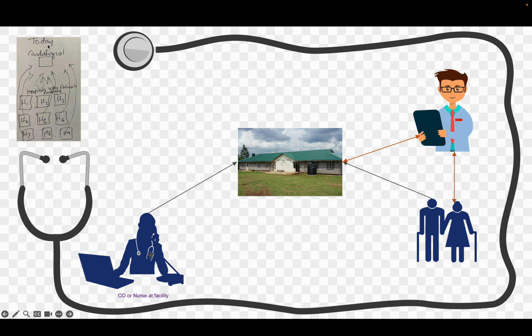Then today, the challenge we have is there are few cardiologists, but there are several health facilities. All these hospitals and patients who are coming here cannot reach the cardiologist. So if the cardiologist's information can be captured in technology and brought downwards, that would solve this challenge.